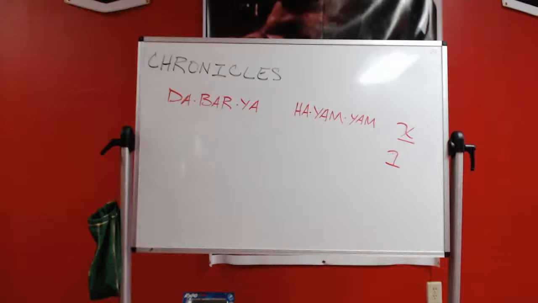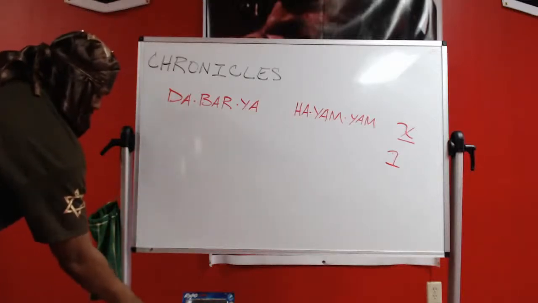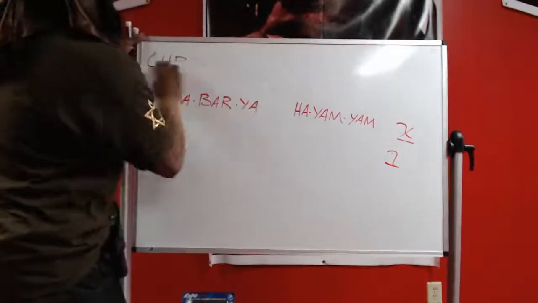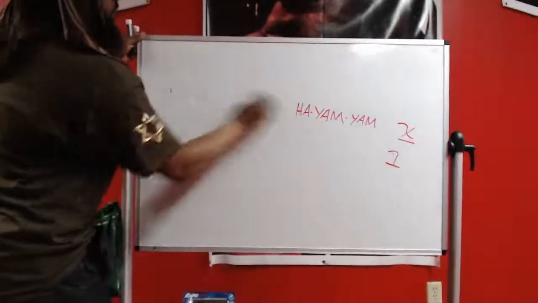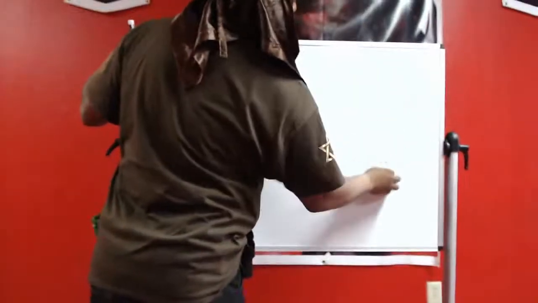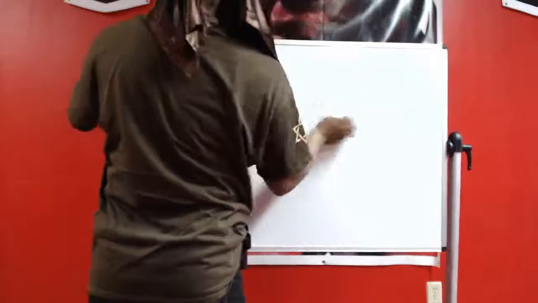So now, earlier we had a request to look into some scriptures. One scripture in particular is in the book of the Holium. All right, the book of the Holium. Okay.